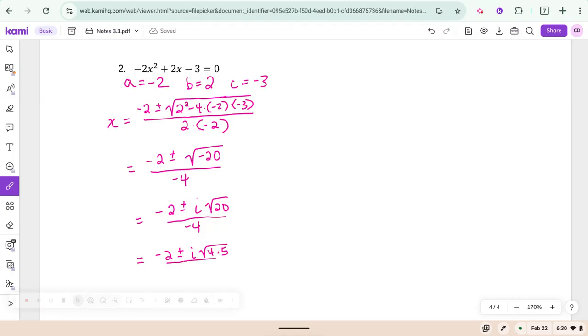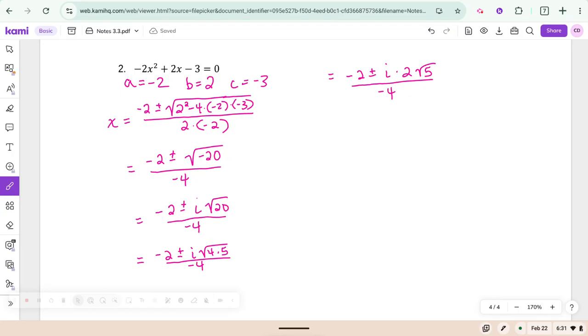So I can rewrite 20 as 4 times 5. Now let me come up here and simplify this further. So I have negative 2 plus or minus i. Now the square root of 4 is 2, so that gets to come out of the radical, and the 5 has to stay.